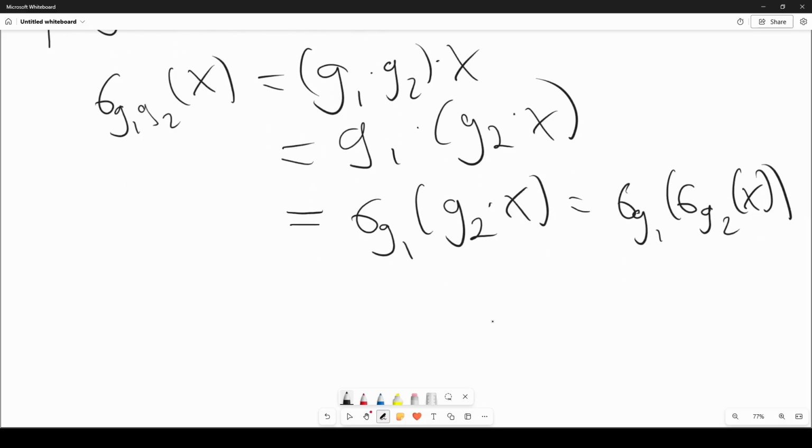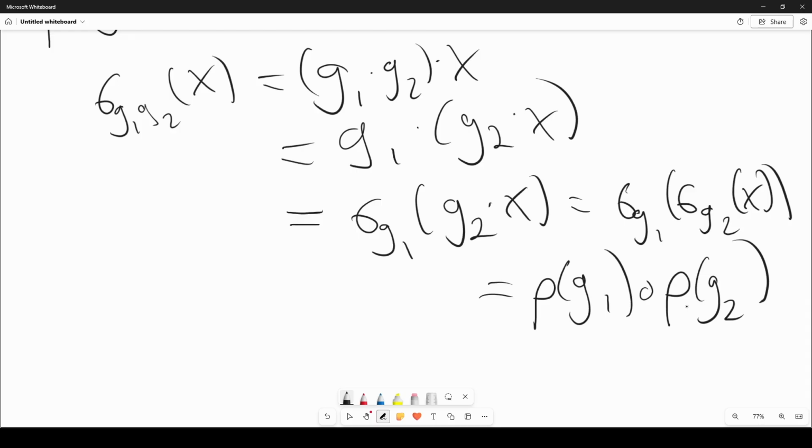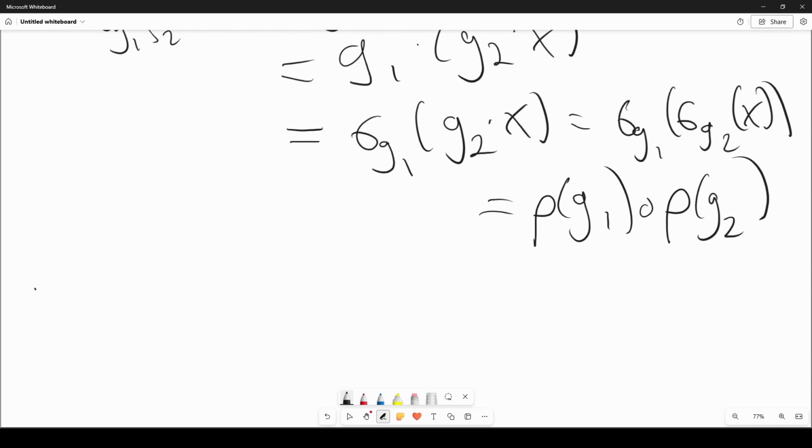And finally, this is really the same as saying rho of g1 composed with rho of g2, which is, of course, the group law in S_X, which is exactly what we wanted from the beginning. So we get that rho is a homomorphism.